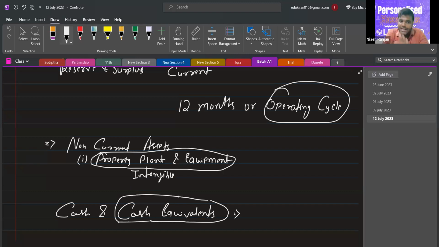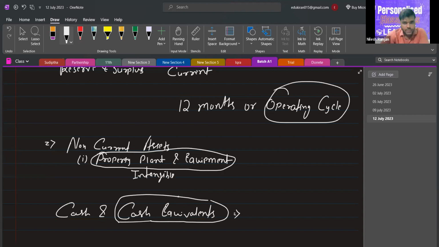So those items are not included in cash equivalents. Cash equivalent means items which can be converted into cash quickly without any loss. Generally we take marketable securities or short-term investments as cash equivalents. So it is cash in hand, cash at bank, marketable securities, and short-term investments. So these items are cash equivalents. Is this clear? Yes, sir.